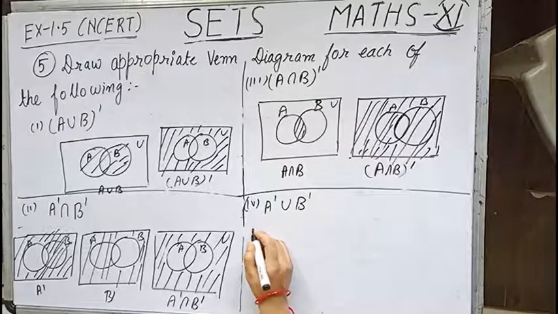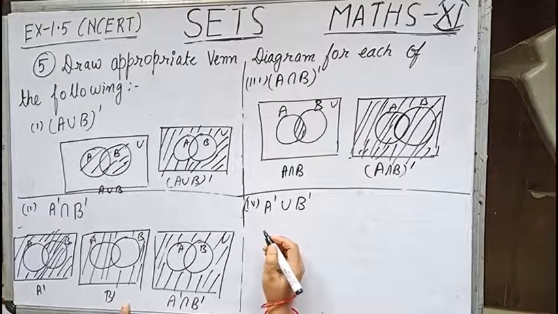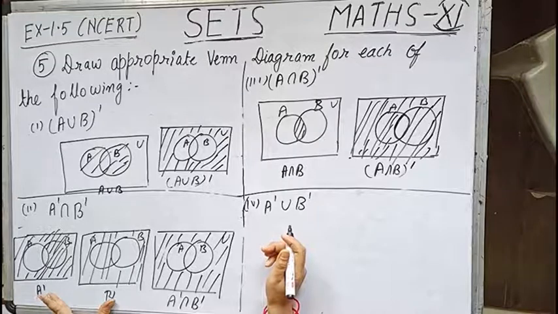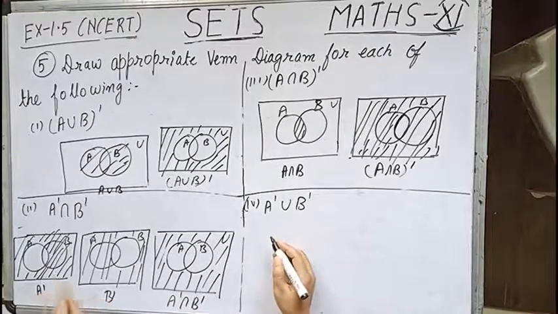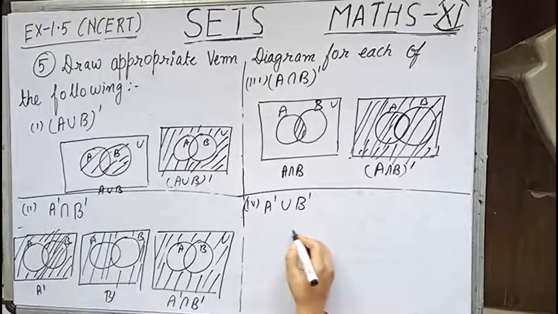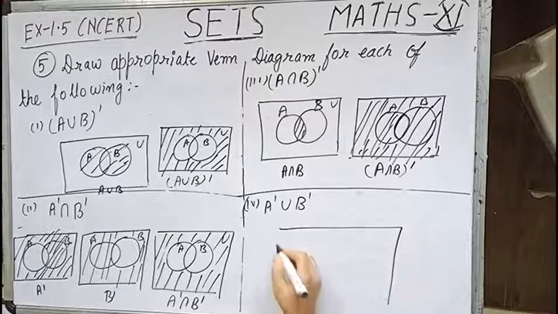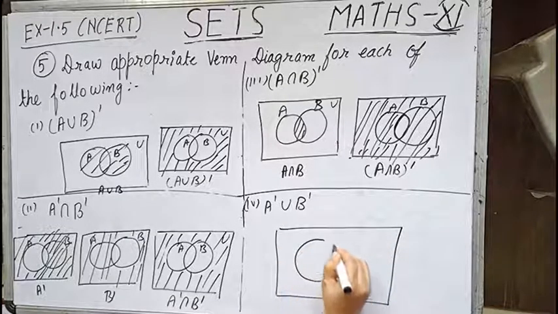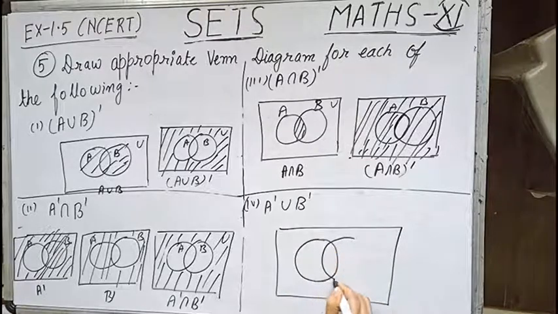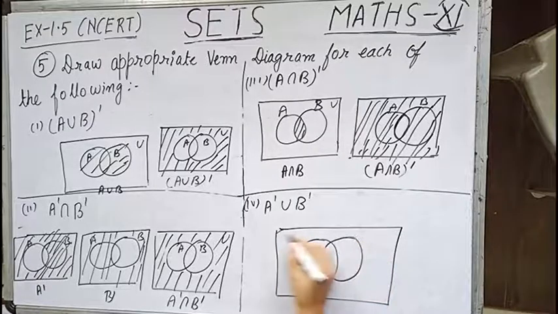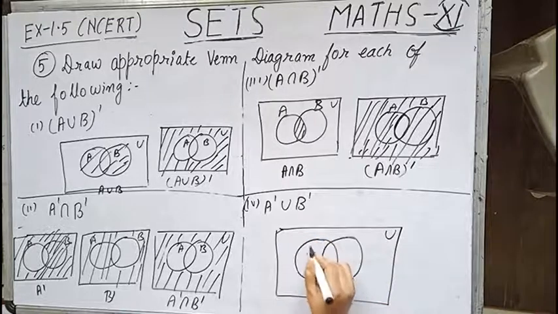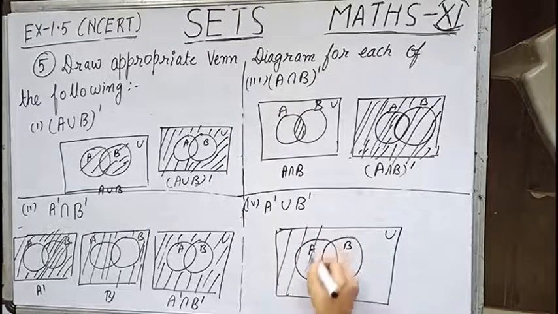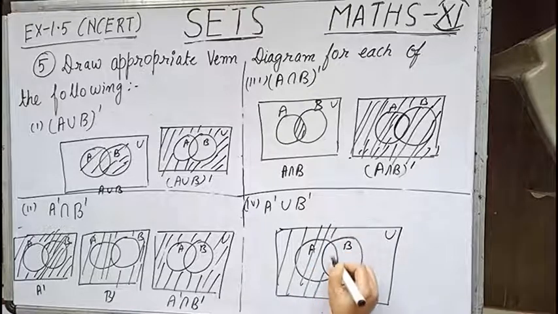Now A complement this one, B complement this one. So the union of these two will obviously be all except this portion. I am drawing directly, you people draw in detail. So this will be equal to this portion of U. This one is A, this one is B. This portion will not be shaded, the rest all portions you will be shading.